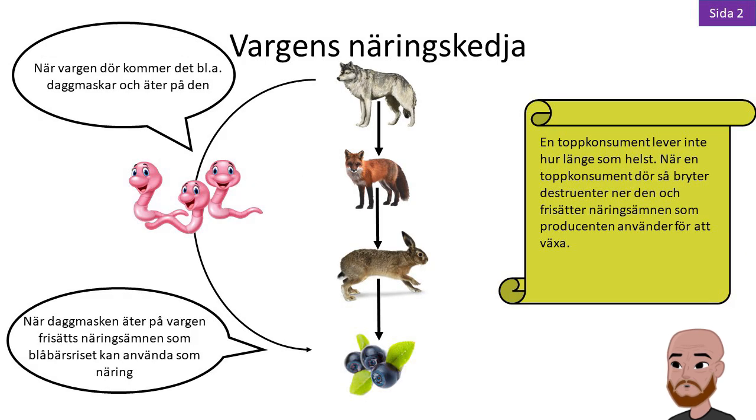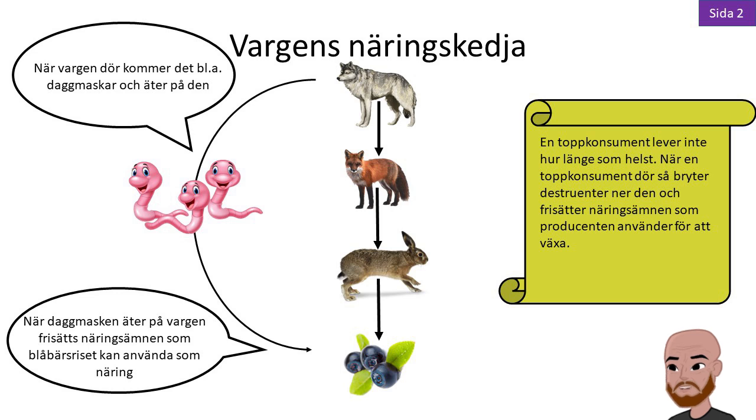And a top consumer is not immortal, even though it has no natural predators. It does not live forever. When a top consumer dies, what we call decomposers break it down and release nutrients that producers use to grow. For example, when the wolf dies, earthworms and other decomposers eat it, releasing nutrients that blueberry bushes can use as nourishment.